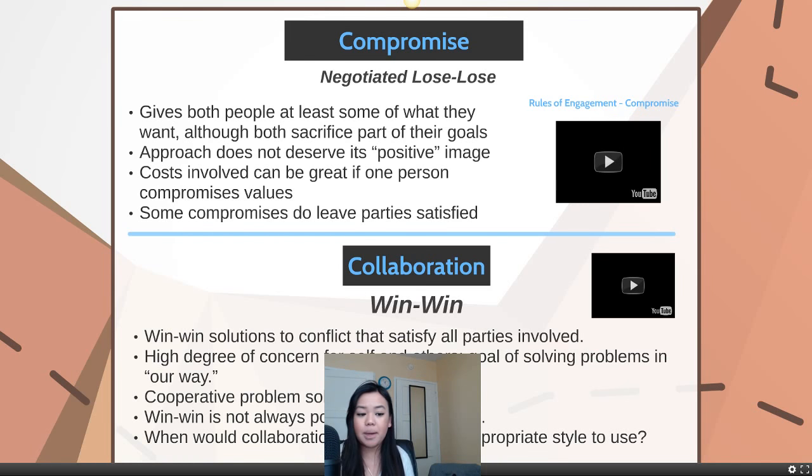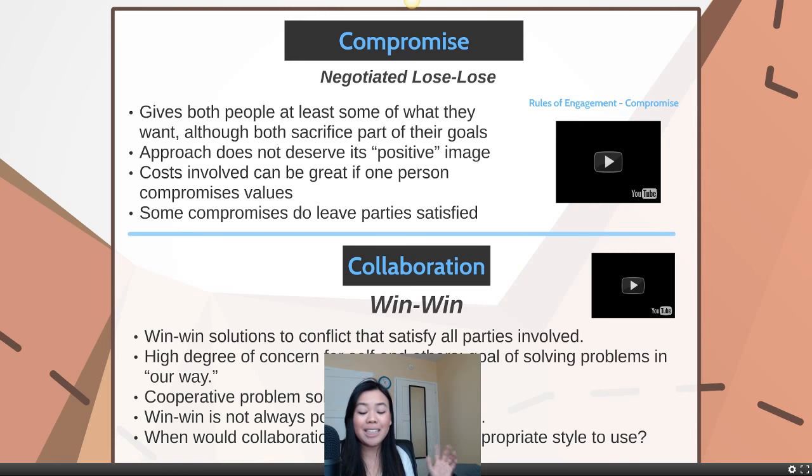And so that's where compromise can be very helpful in that it can be this nice metaphorical band-aid of we've been fighting a while, let's let ourselves heal for a little bit before we move on. But ultimately, I don't think compromise should be the end-all be-all solution to your conflict.